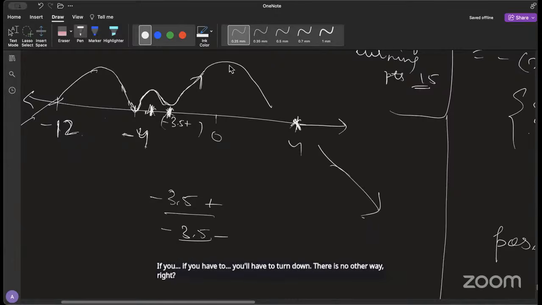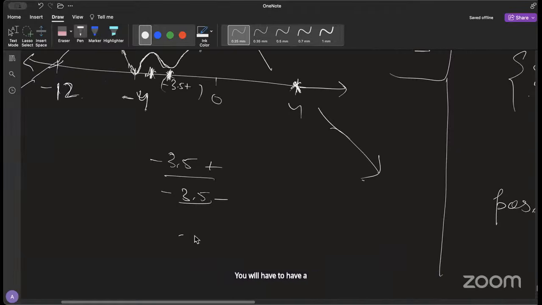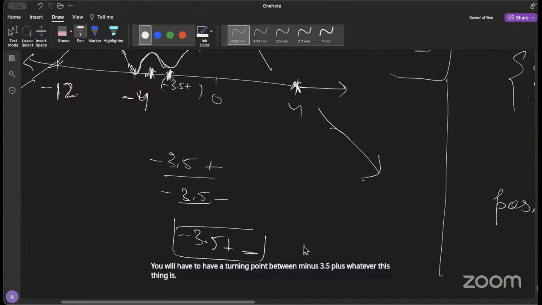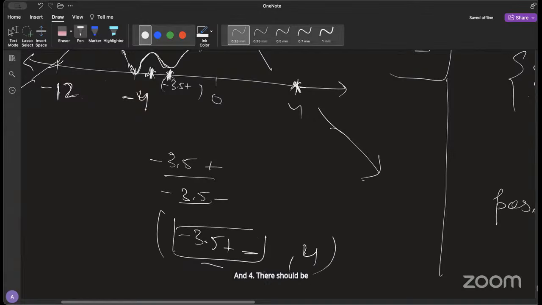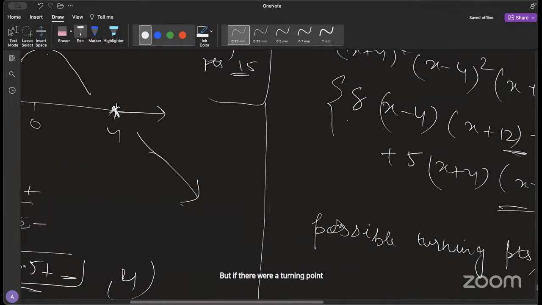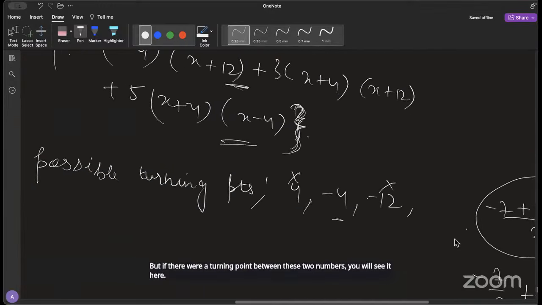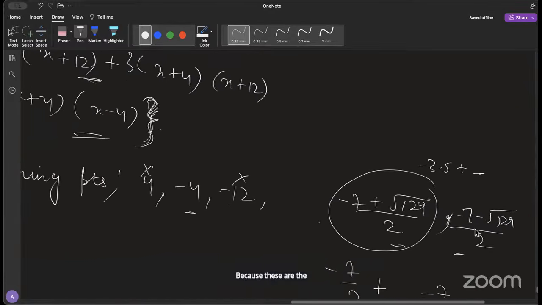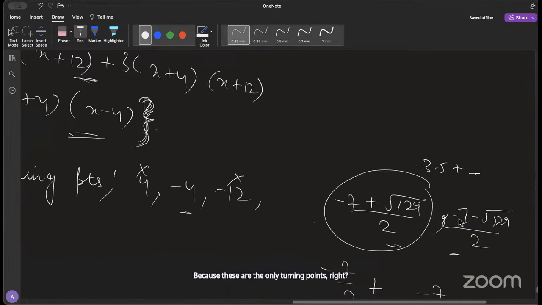That means you'll have to have a turning point after minus 3.5 plus something and before 4. You will have to have a turning point between minus 3.5 plus whatever this thing is and 4. There should be a turning point between these two numbers. But if there were a turning point between these two numbers, you would see it here, because these are the only turning points, right? Is that clear?